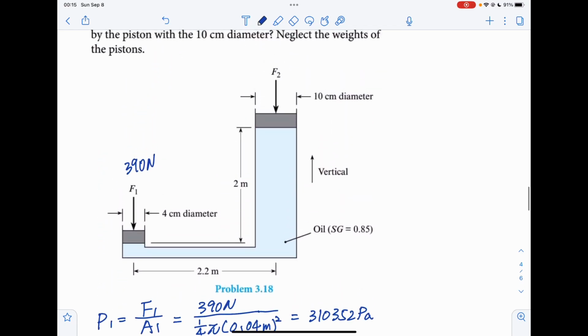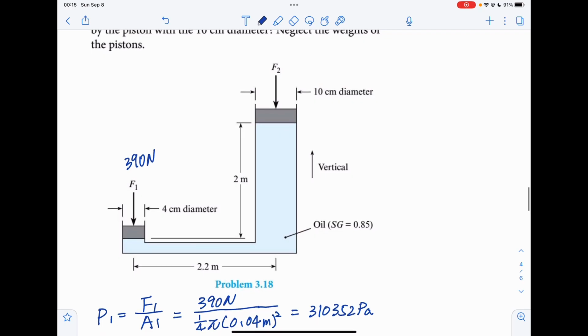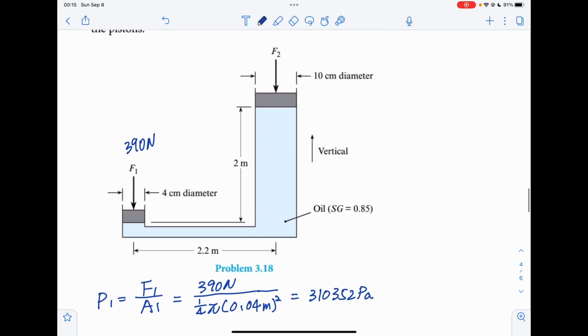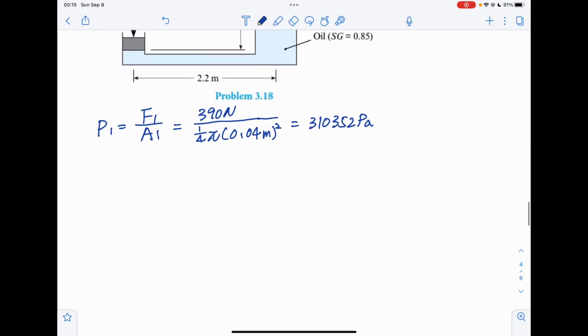Now we're going to find the force at piston 2, but first we're going to find the pressure at point 2. So P2 plus gamma Z2 equals P1 plus gamma times Z1.